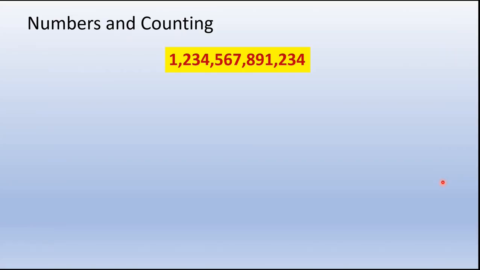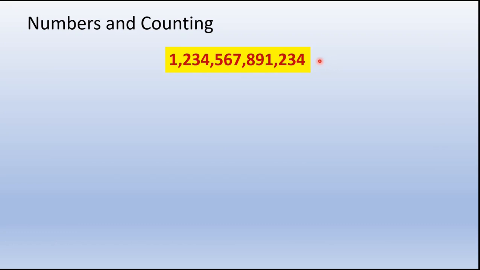So with this knowledge of numbers and counting in the Japanese numeral system, now let's do an exercise of writing a big number in words of the Japanese numbering system. The number that we have selected for this exercise is this: 1, 2, 3, 4, 5, 6, 7, 8, 9, 1, 2, 3, 4.